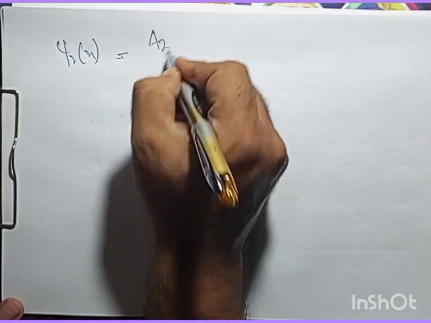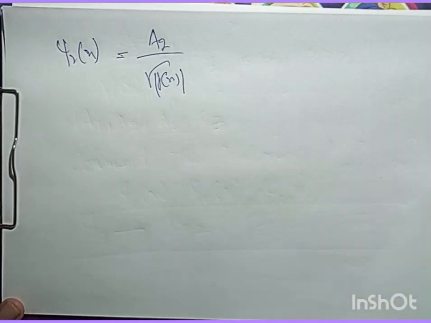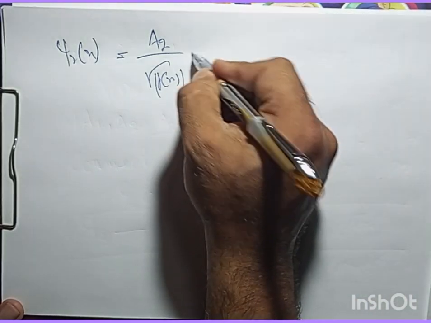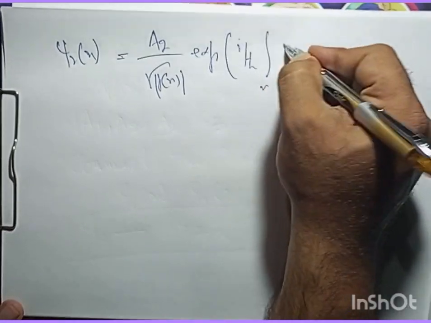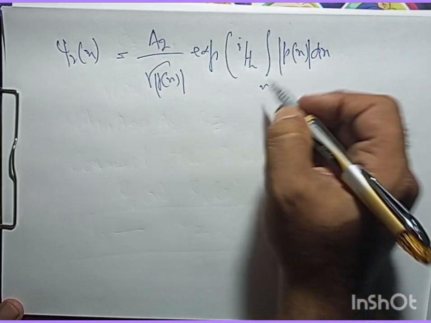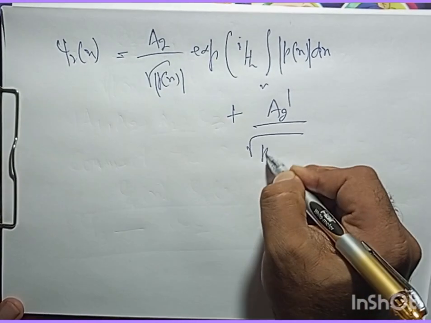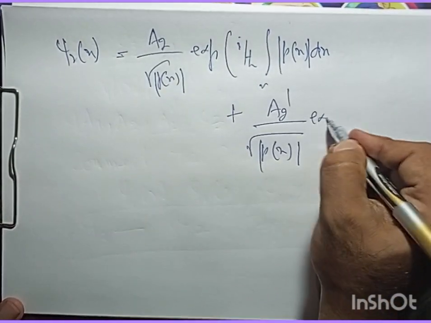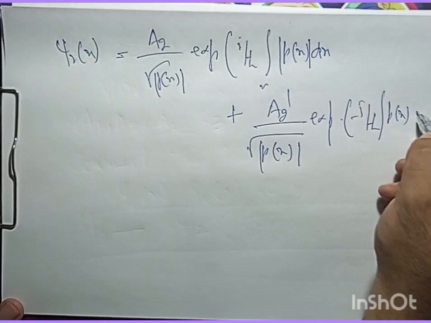Psi 2 of x is a2 by under root of p of x, then exp i by h bar integral p of x dx, this being the magnitude of momentum, and then plus a2 dash by under root of p of x, and then exp minus i by h bar integral p of x dx.